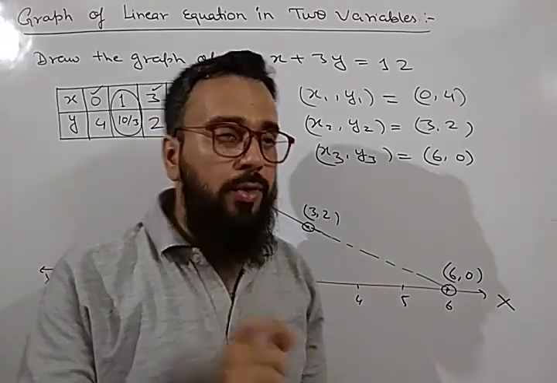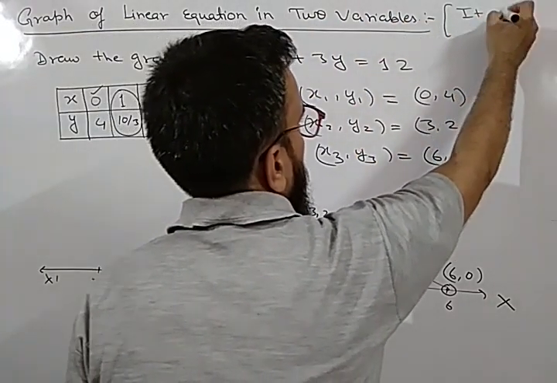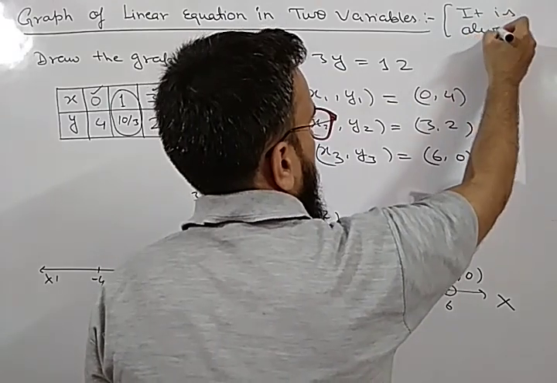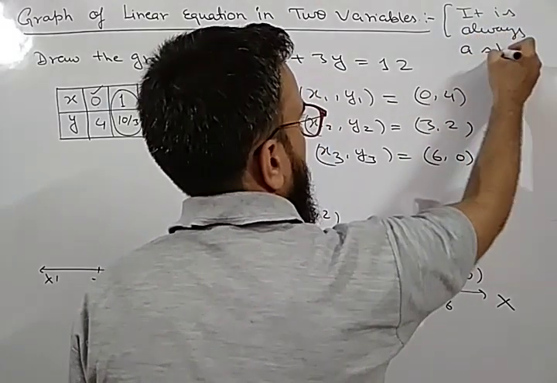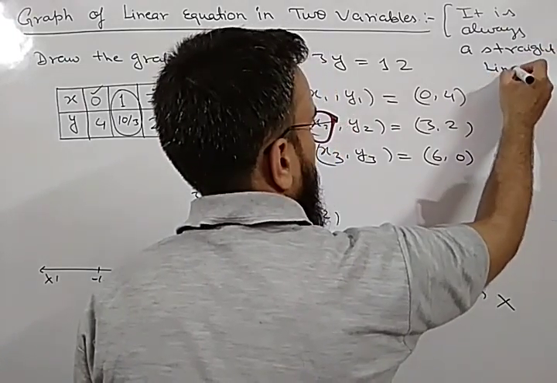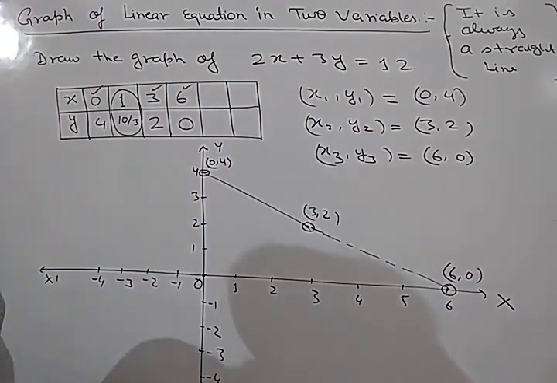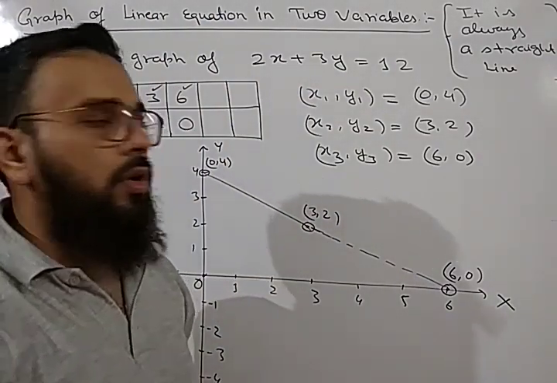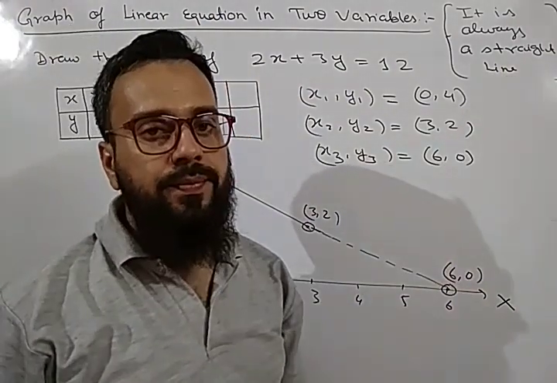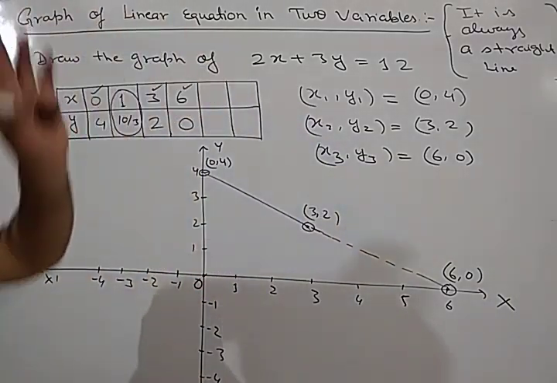It means any linear equation in 2 variables will always form a straight line. Okay, so the graph of any linear equation in 2 variables is always a straight line. That's why it is also known as linear equation, because it will always form a straight line. Okay, so this is the graph of this particular equation.